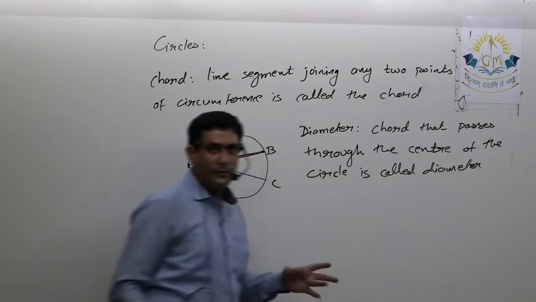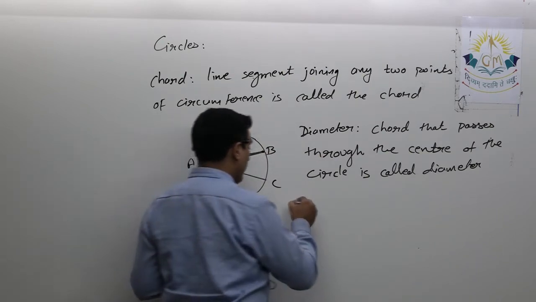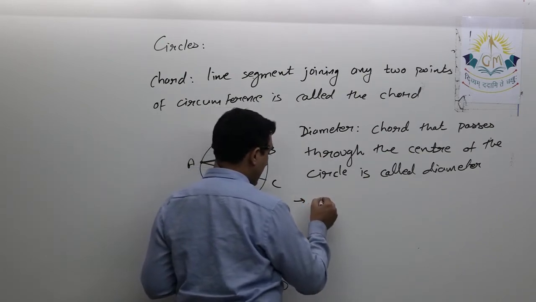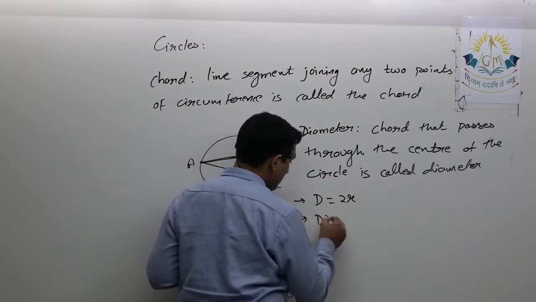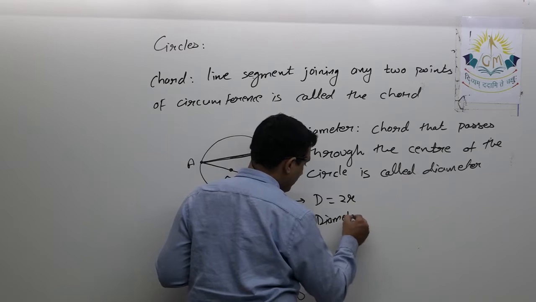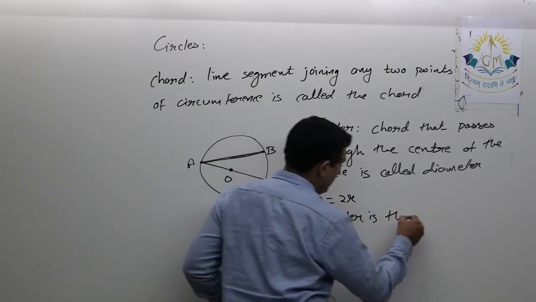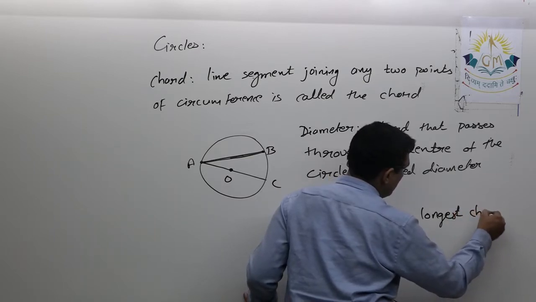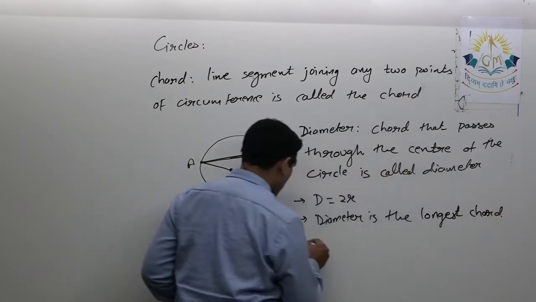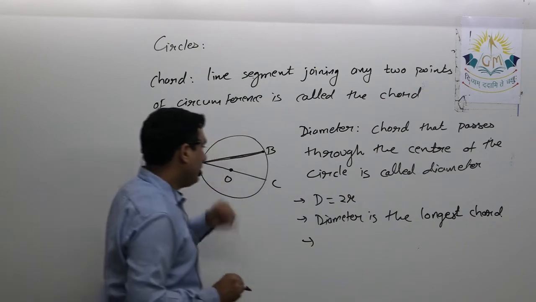A circle can have infinite diameters. Here you should understand that diameter d is equal to twice r. Also, the diameter is the longest chord.